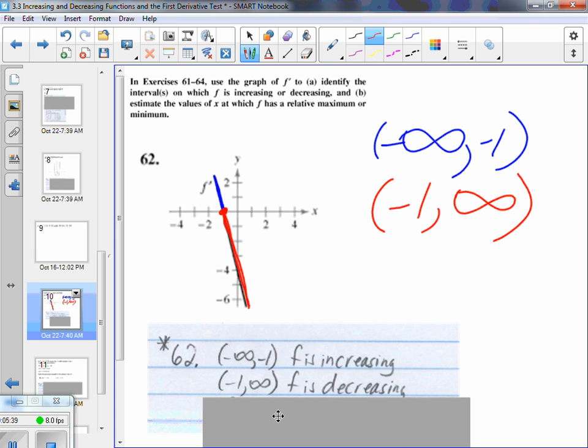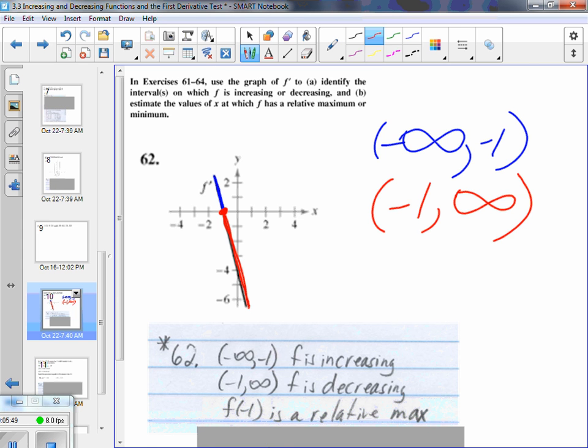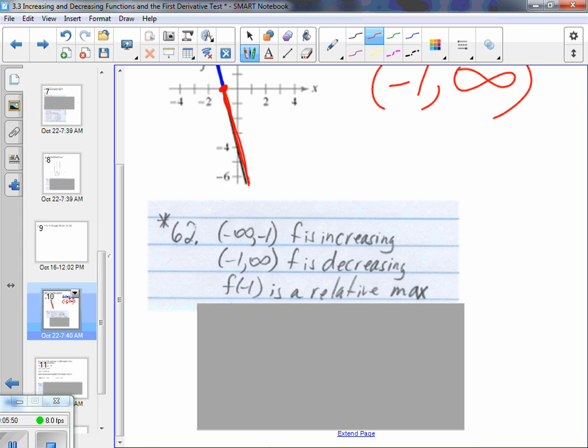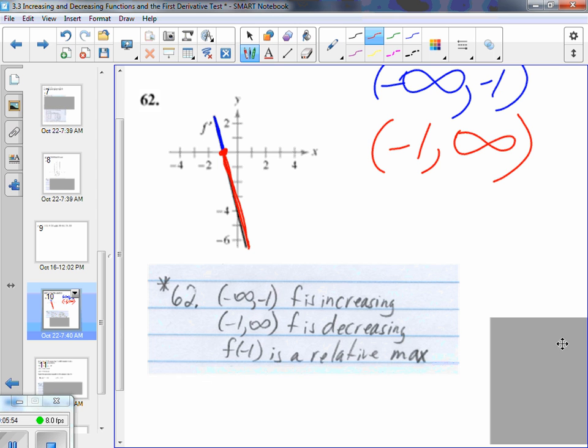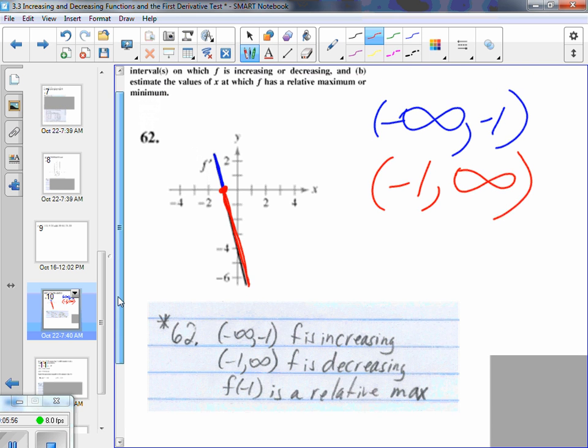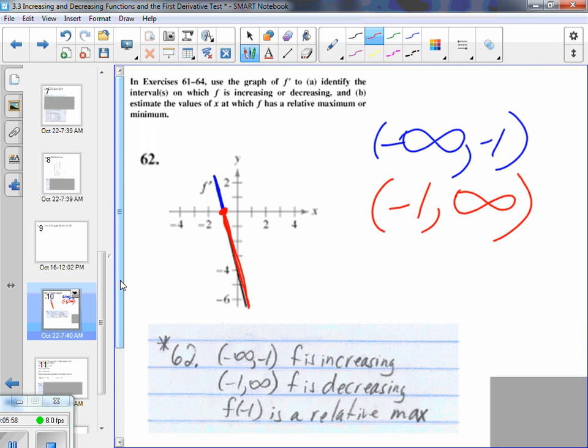When the derivative switches from positive to negative, is that a relative max or a relative min? That's a relative max. So we know that f of -1 is a relative max. We have absolutely no way of knowing what the value of f of -1 is. They don't give us any clue about that at all.